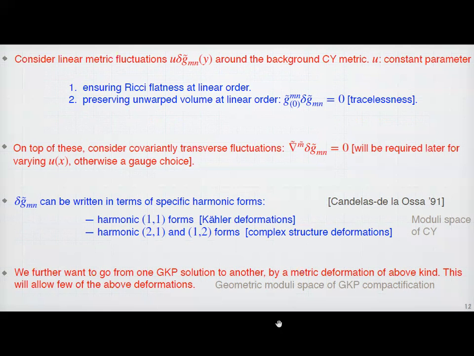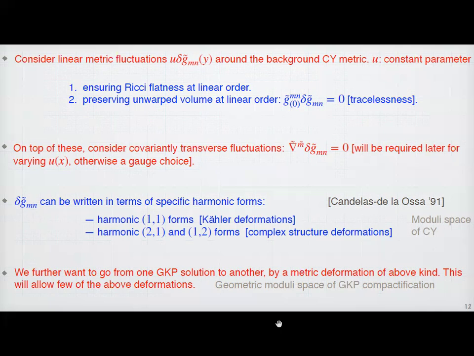So we want to depart from the background by a constant parameter and see whether we can find a continuous solution or not. We will ensure flatness at linear order. We will also preserve the overall volume because we do not want to model the volume modulus. It has been dimensionally reduced. So specifically, we want to deal with the other non-volume deformations, like non-volume Kähler deformations and complex structure deformations.